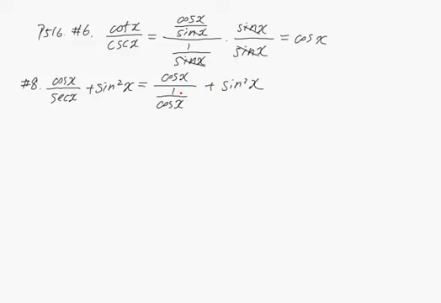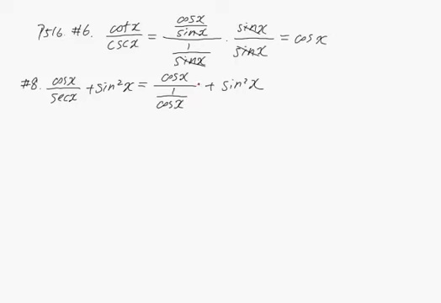Tell me, what is this? Is this equal to 1? This guy and this guy cancel? No, right? Because this is not the cosine x, it's the 1 over cosine x.